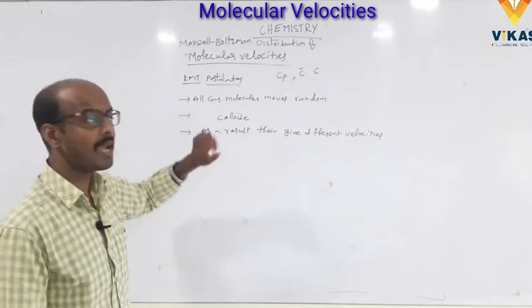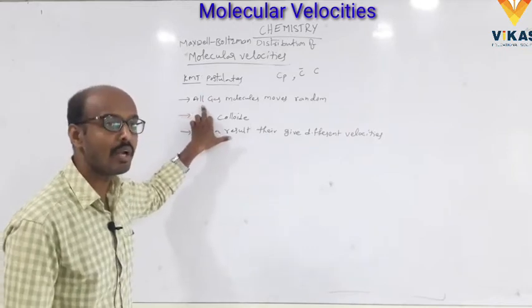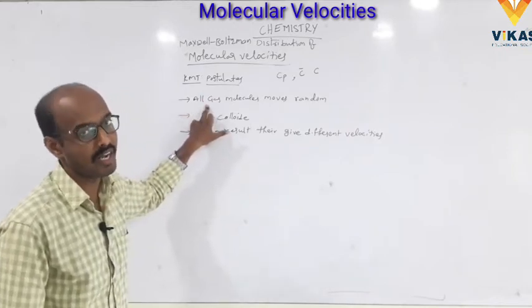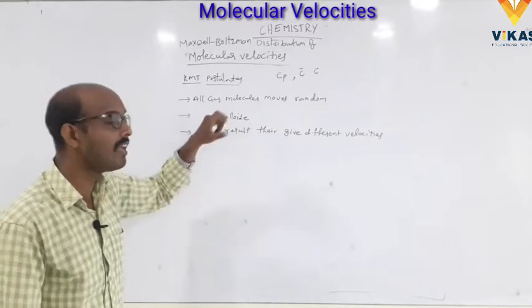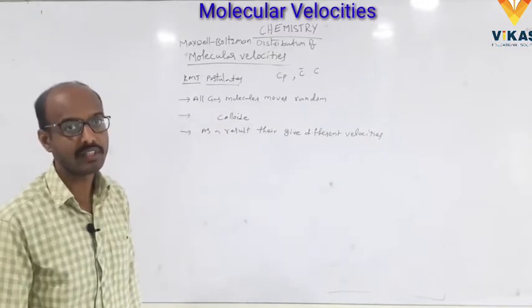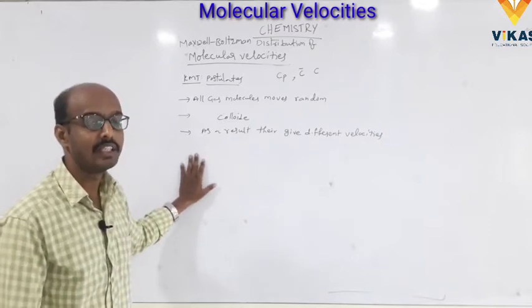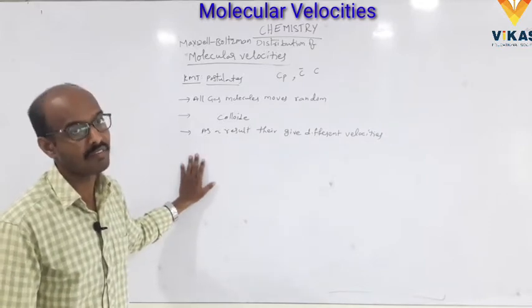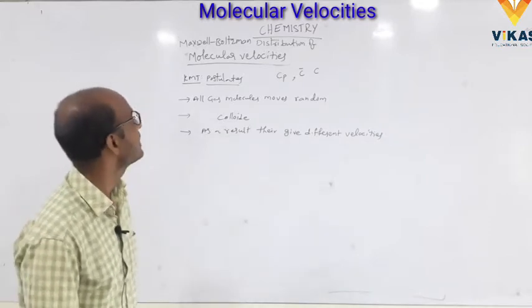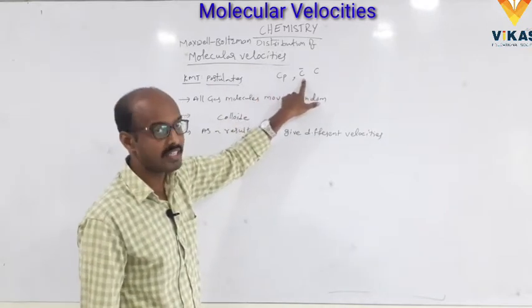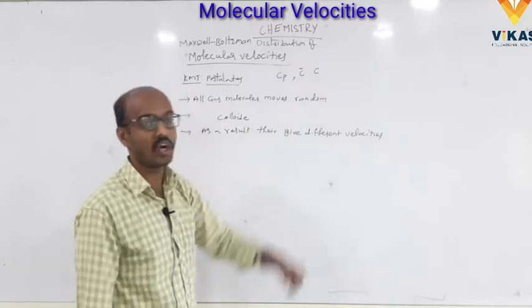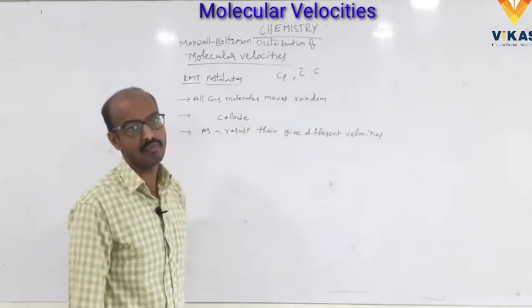According to the KMT postulates, all gaseous molecules move randomly in all directions. The moving gaseous molecules collide with each other. As a result, they give different molecular velocities: the most probable speed, second the average velocity, and third the RMS velocity.